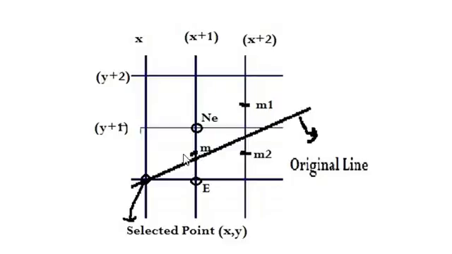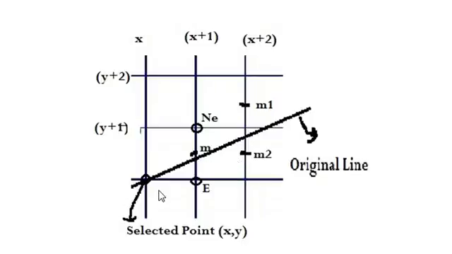So we have one midpoint here, and we check whether this midpoint comes above the line, below the line, or exactly on the line. If it is above the line, the line is close to E, so we choose E. If the midpoint comes below the line, the line is close to northeast, and we choose northeast. So based on this midpoint we make the decision. If it is on the line, both are at the same distance, so we can choose either pixel.